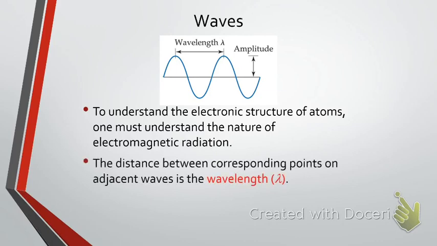So the distance between corresponding points on adjacent waves is called wavelength, and it's denoted with the symbol lambda. This is a lambda symbol. And the wavelength itself, these are crests, and this is a trough. So you can either go from crest to crest or trough to trough.